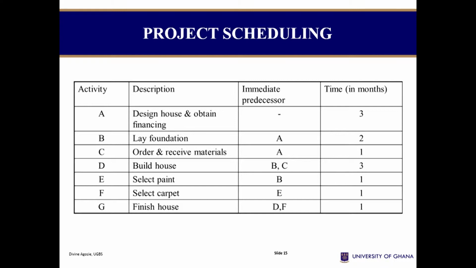If you look at activity D, it says it is preceded by activities B and C. So it goes in that order. We'll go through them one by one, and then we'll use that information to actually develop our network diagram. And then the time in months is also given in the final column.